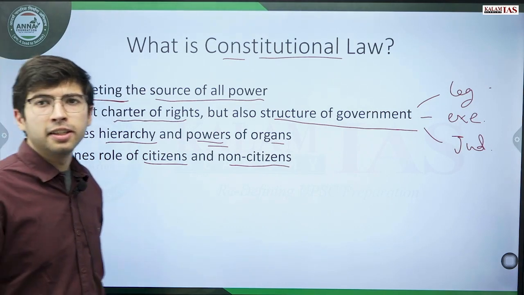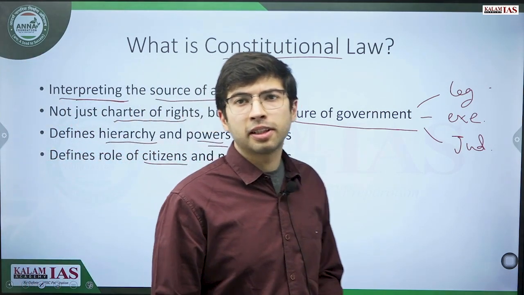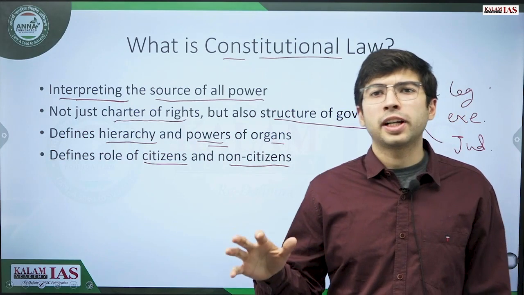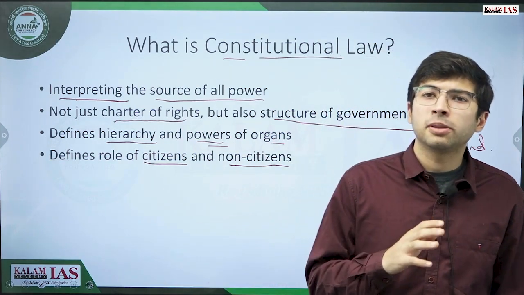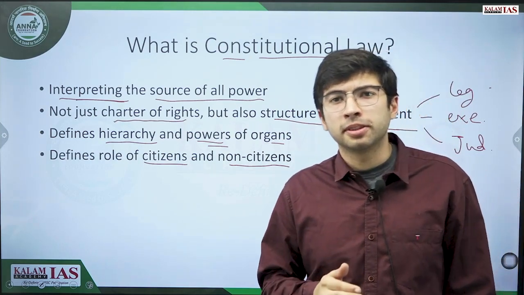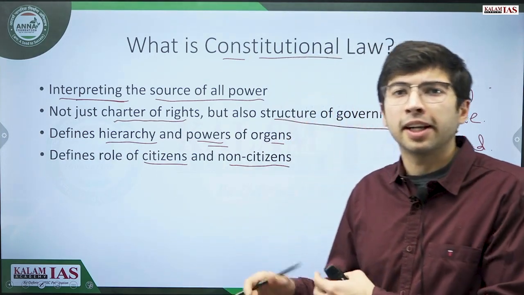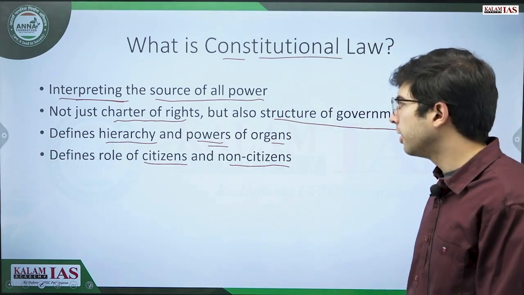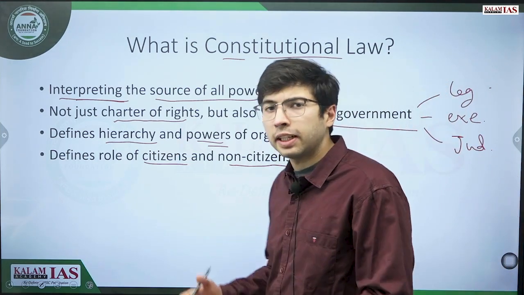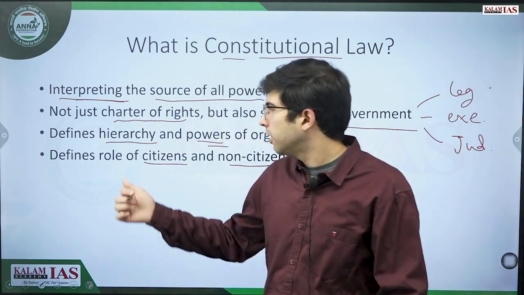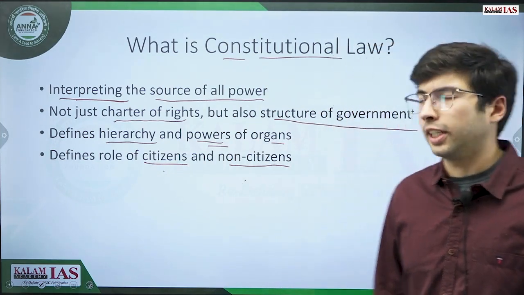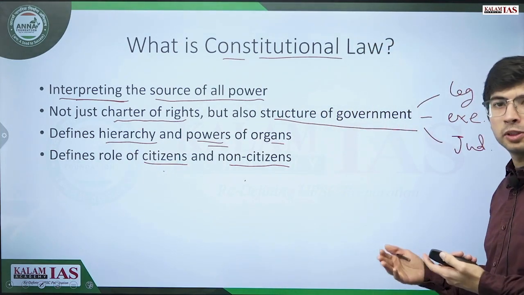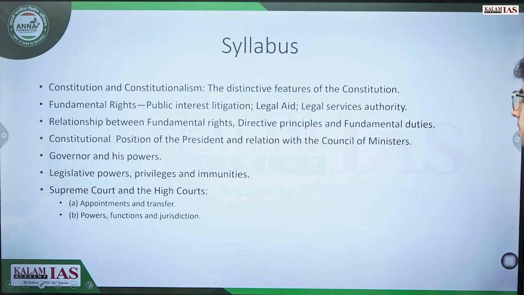When we study fundamental rights, for example, you will see that a lot of rights are available only to citizens and a lot of rights are available to all persons, and the categories differ accordingly. So it defines the relationship of the state with both citizens as well as non-citizens in different contexts. That is what constitutional law is effectively all about.